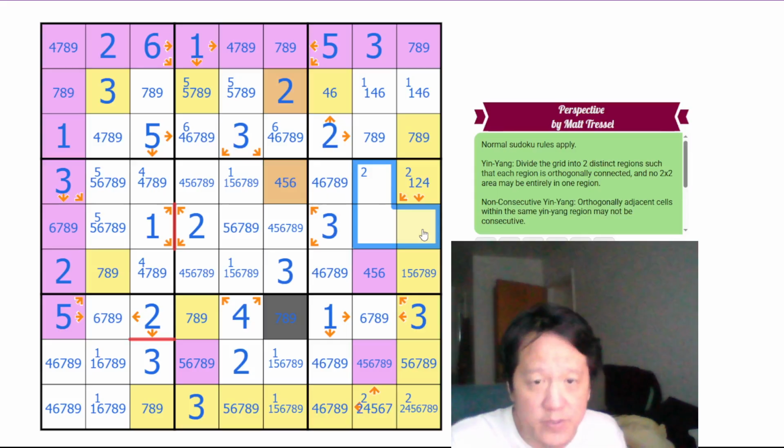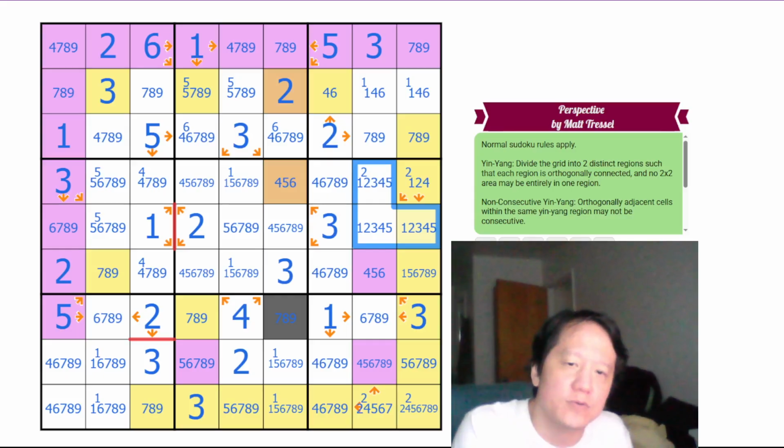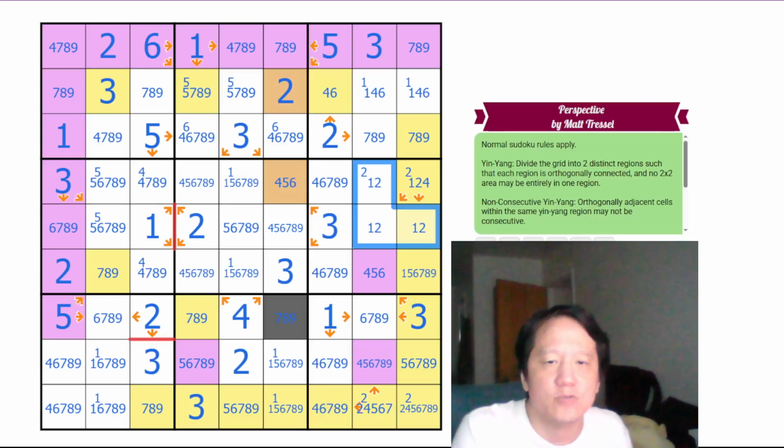Remaining digits in this box 6 are 1 through, no 3. So 1 through 4, 5, 6, 7, 8, 9. No 1 or 2 here.